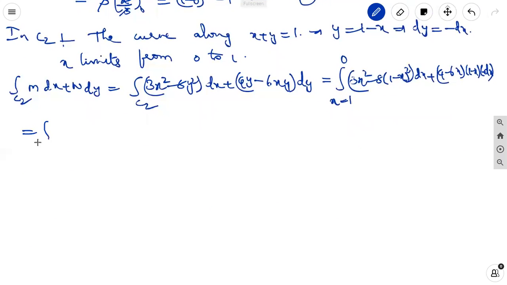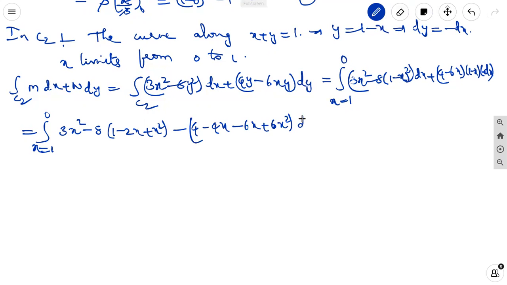It is equal to the integral with x limits from 1 to 0 of 3x square minus 8 into (1 minus x) whole square, that is 1 minus 2x plus x square, plus multiply, plus into minus gives minus, it is minus 4 ones are 4 minus 4x minus 6x, minus into minus plus 6x square, whole dx.